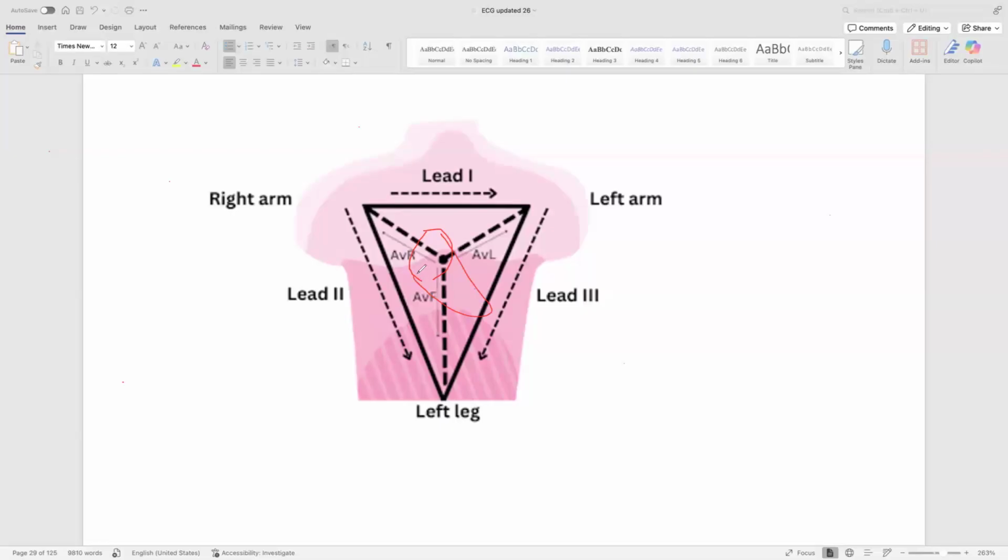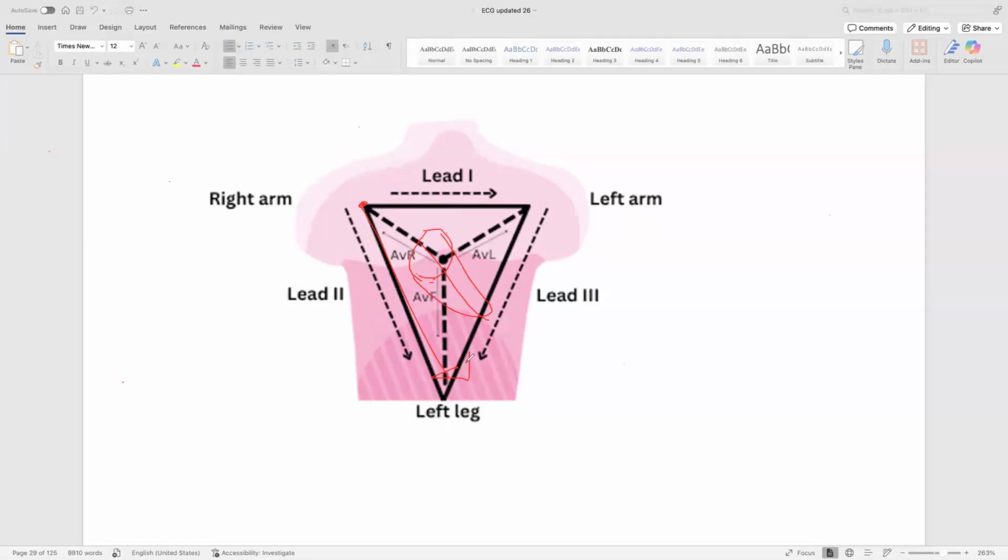The heart is lying on its right side, facing the diaphragm. Okay. So this is why lead 2 is going the same way the electricity is going, and it should be strongly positive.